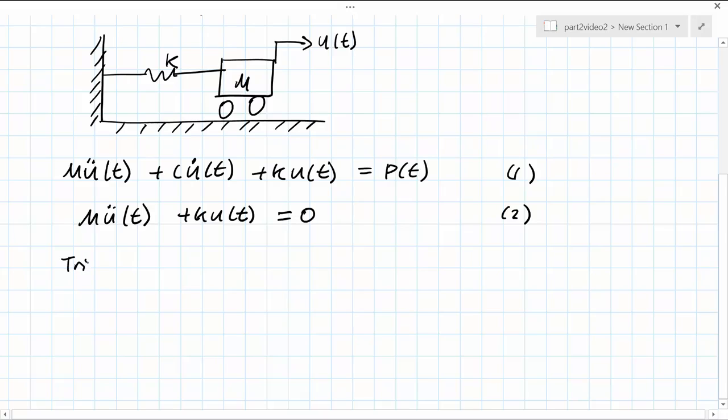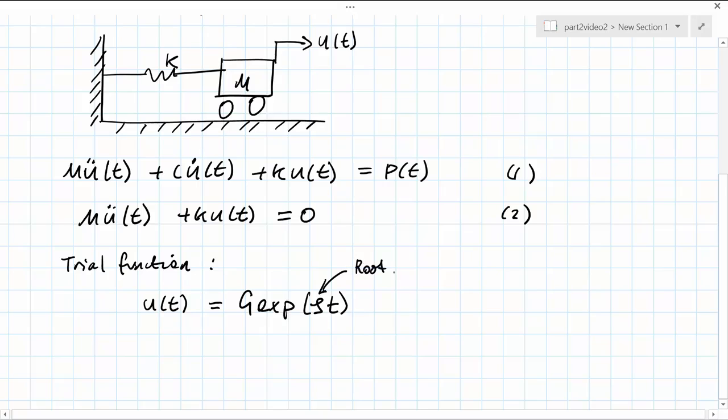So, the trial function for solving equation 2 is given by u(t) equal to g times the exponential function e^(st), where s is an unknown or a root which is to be determined, and g is an arbitrary complex constant.